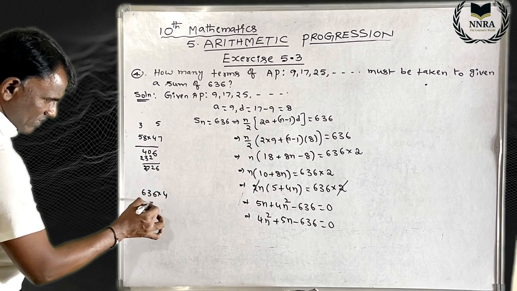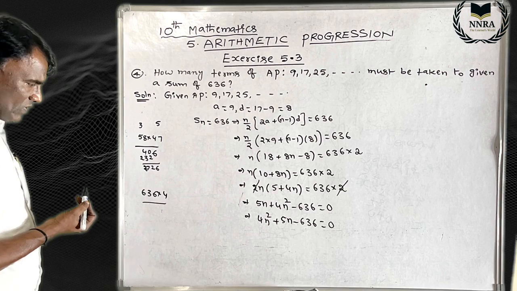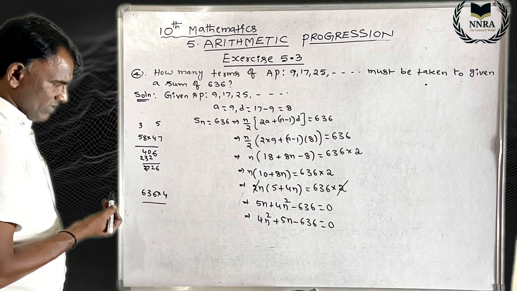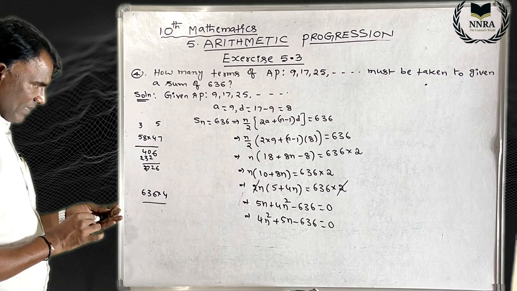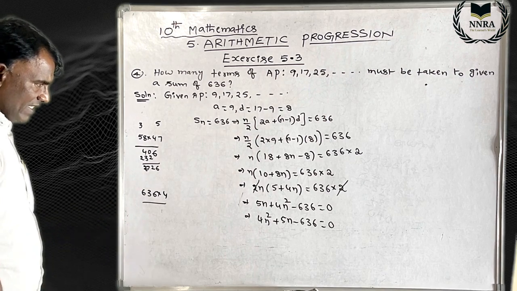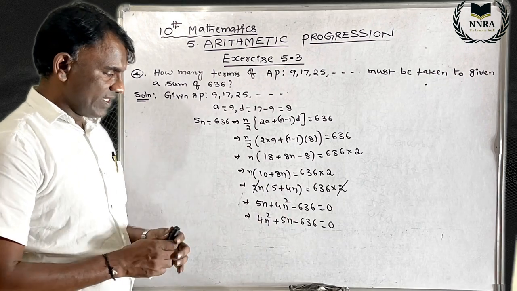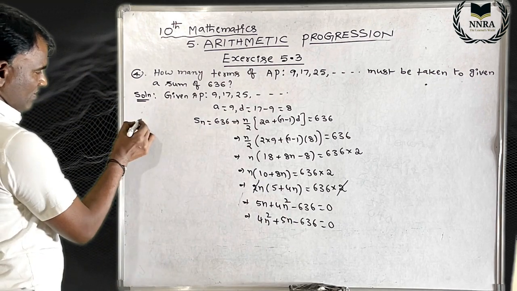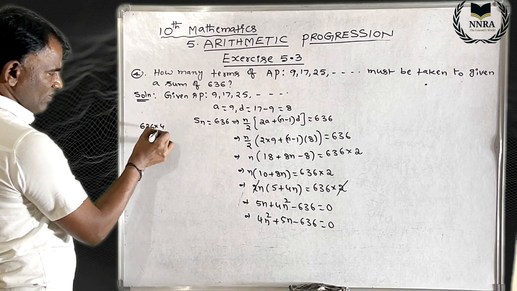636 into 4, how much is it? So 4 into 6, 24, but it is 6, it is not possible. Then which term will we take? Okay, do one thing. First multiply these two, 636 into 4.